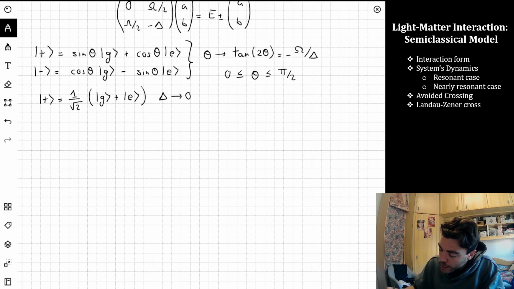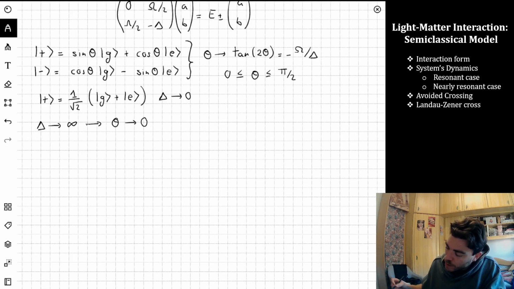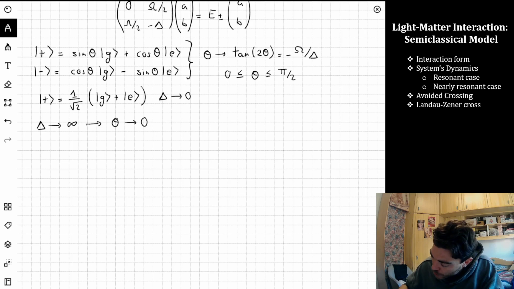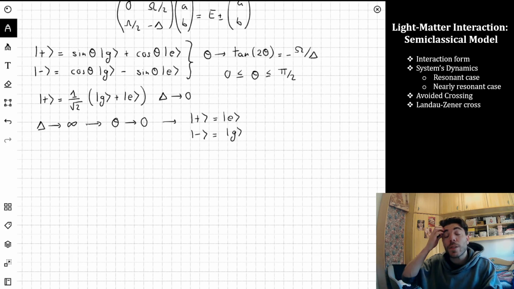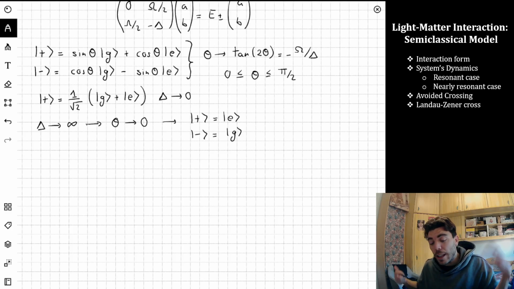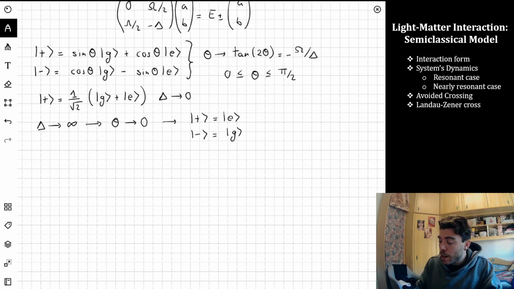While it is also the case that when the detuning is very large, so if the detuning tends to infinity, then the angle tends to 0, and in this case the sine of 0 is 0, and the state plus is just the excited state, and the state minus is just the ground state, which is a way of saying, if the detuning is very large, then the light and the atom don't see each other, they don't want to talk with each other, they are angry between them, and so the atom just goes by itself, it doesn't see the light.